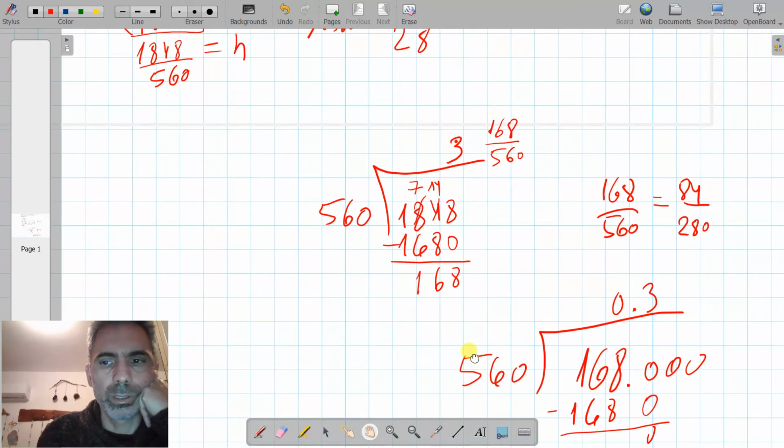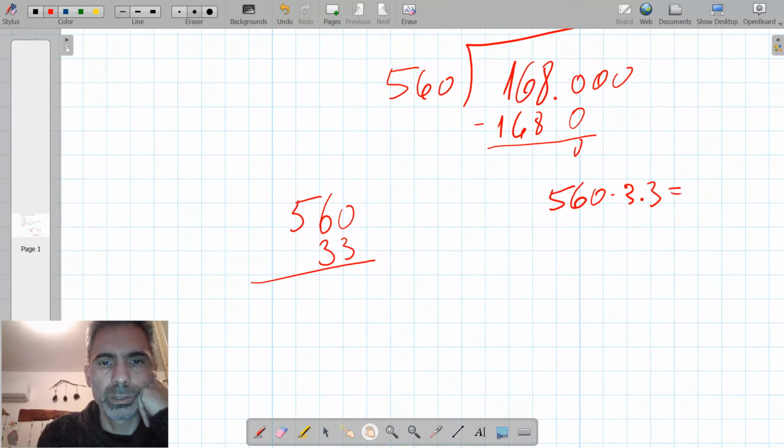Okay, let's see if this is correct. 3 times 0 is 0, 3 times 6 is 18, 3 times 5 is 15, plus 1 is 16.